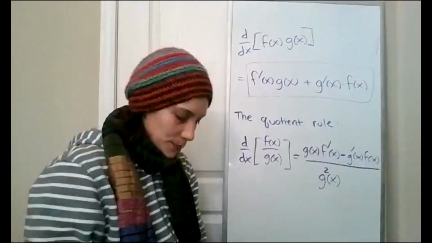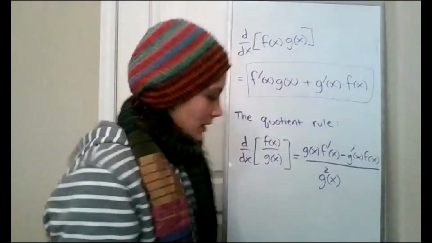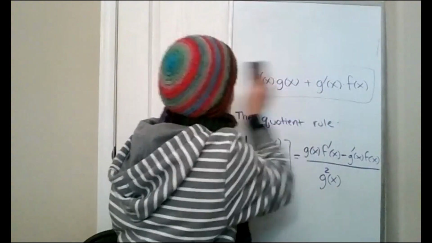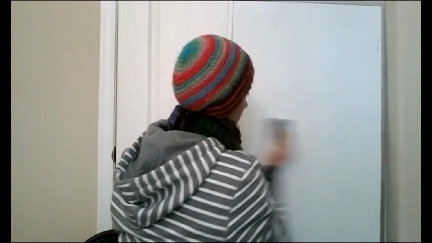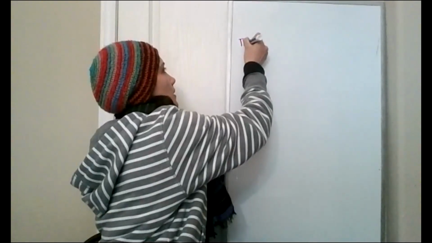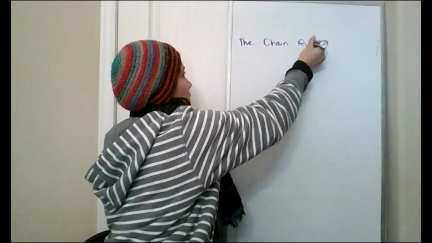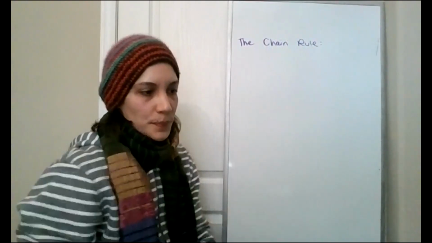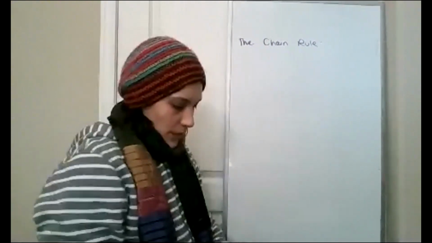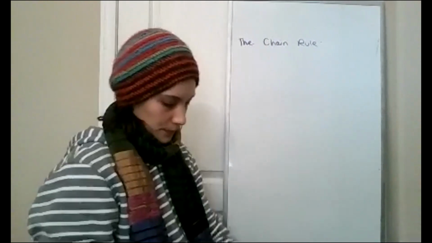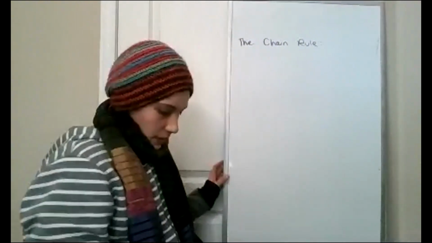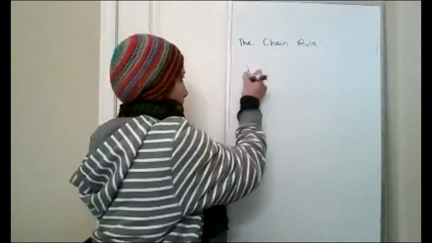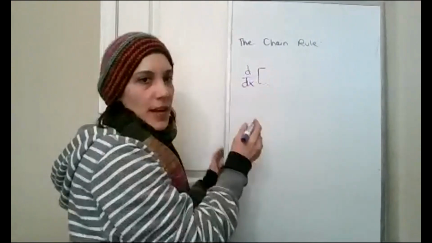Okay, the chain rule is for the composition of functions, when you have a function inside of a function. So I have d dx of f of g of x.